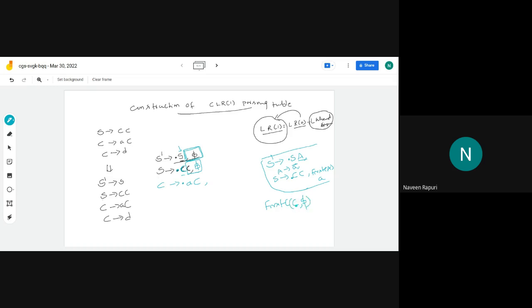First of C means small a and small d. From this production I can write small a, and from this production I can write small d. So the look ahead symbols for C derives dot aC are a, d. In the same manner, C also produces another production, C derives dot d.